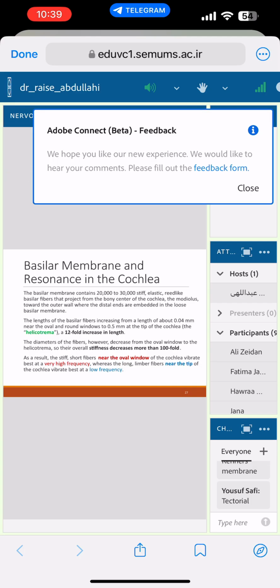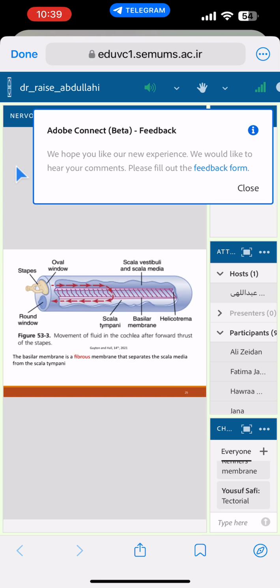A 12-fold increase in the length of the basilar fibers exists between the tip and the base of the basilar membrane. This is the base of the basilar membrane. This is the tip of the basilar membrane. As you can see, the tip of the basilar membrane is called helicotrema.